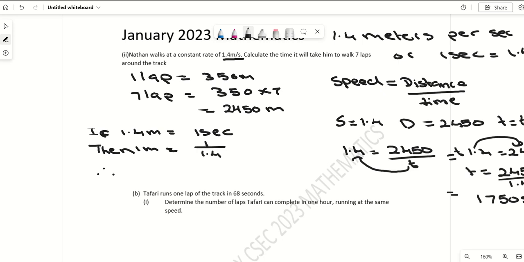And therefore, we're trying to find the distance, 2,450. Therefore, 2,450 meters would be 1 divided by 1.4 multiplied by 2,450. If you do this on your calculator, you'll get the same answer of 1,750 seconds. Everything is seconds on this side. And this would be your answer.